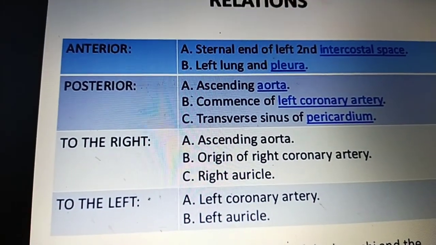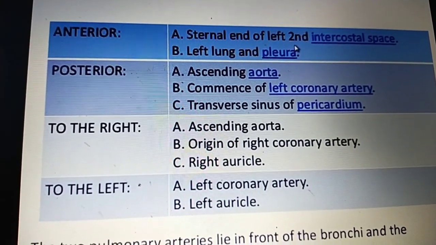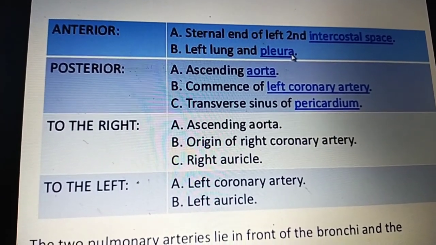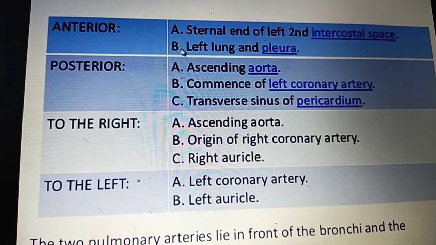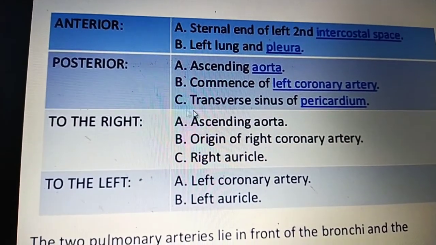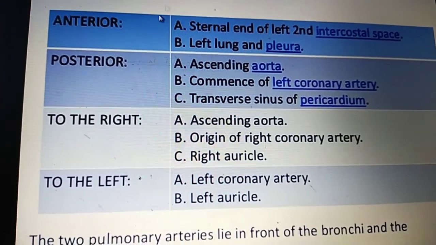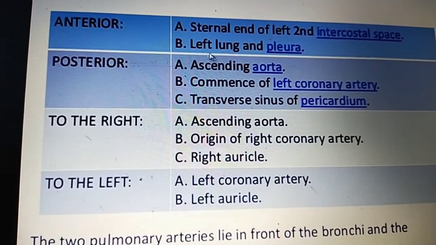You can go for the relationship. Anteriorly, the sternal end of the left second intercostal space, left lung and pleura. The pulmonary trunk is enclosed completely by the parietal pericardium. What are the relations to the parietal pericardium anteriorly?